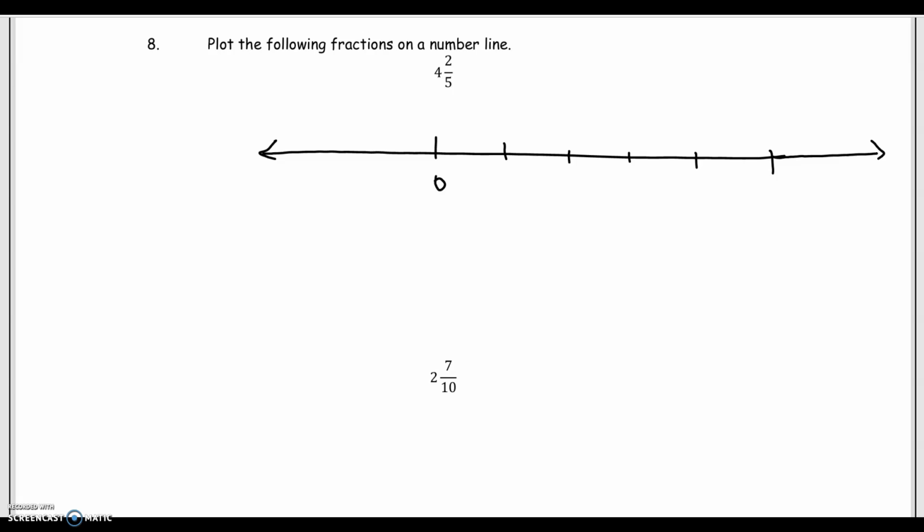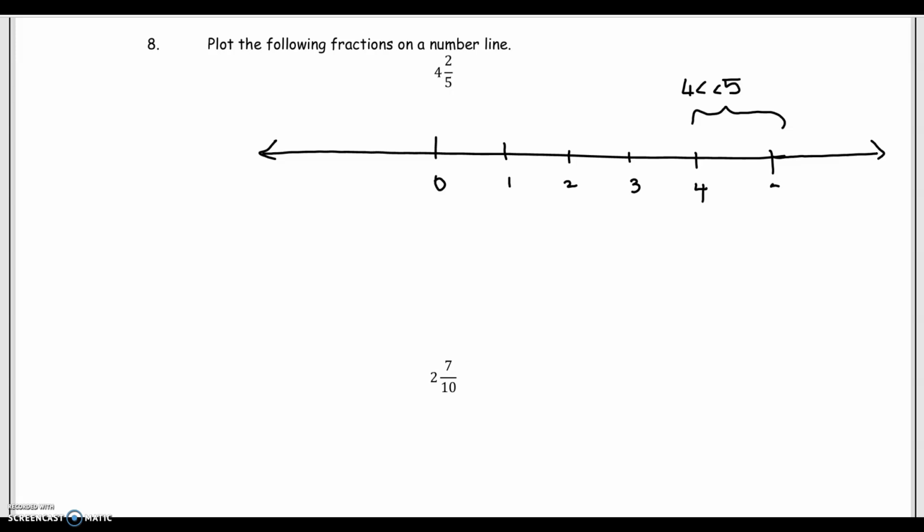So we're going to mark 4 and 2/5 on the number line. So that's 1, 2, 3, 4. Now 4 and 2/5 is larger than 4, but smaller than 5. So it lies between 4 and 5.